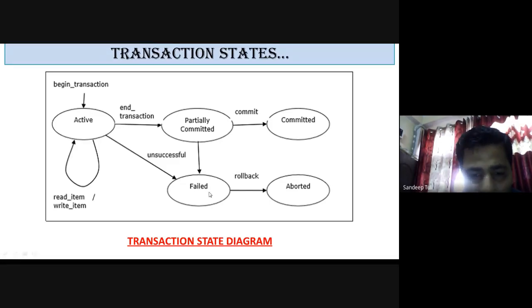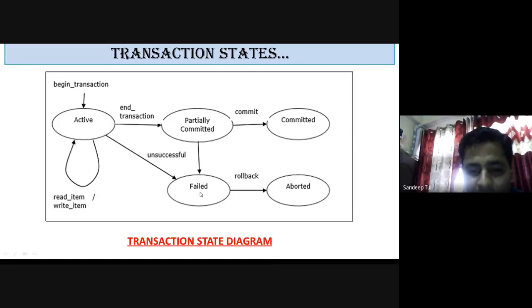Whenever the transaction fails in between or before the commit statement, it needs to be rolled back up to a specific point specified by the database manager or programmer. It may be the very first statement, or somewhere we have specified save points. So it needs to be rolled back and then it is aborted. Then the transaction will be in the aborted state.